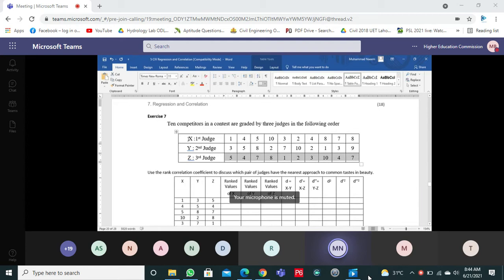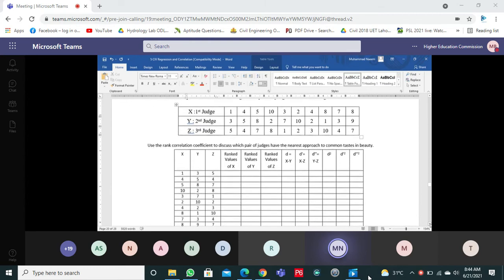Let me denote these grades by x, y, and z. What to do with these grades? Use rank correlation coefficient to discuss which pair of judges have the nearest approach to common taste in the contest.